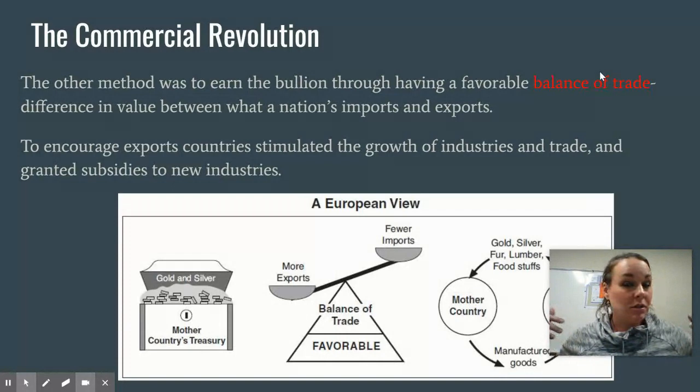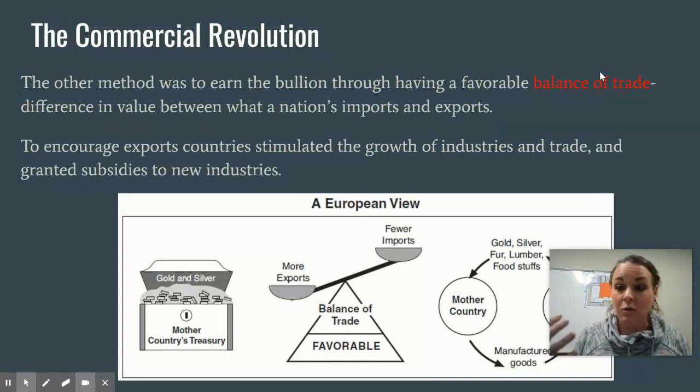Another thing, of course, this is Economics 101. You need to have a balance of trade. This is also highly important, even today, obviously, for any nation. You want to be exporting more than you are importing. And you also don't ever want to have to completely depend on imports.